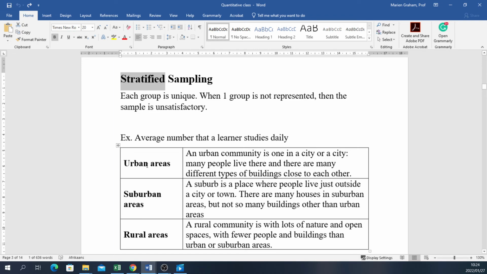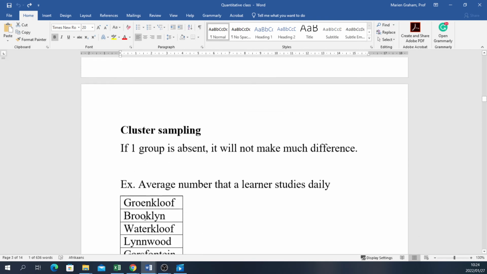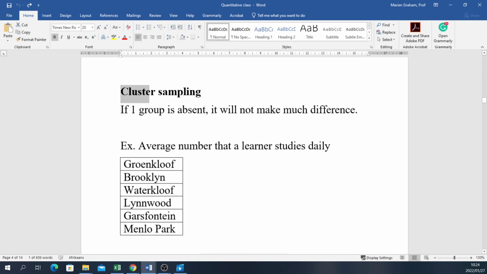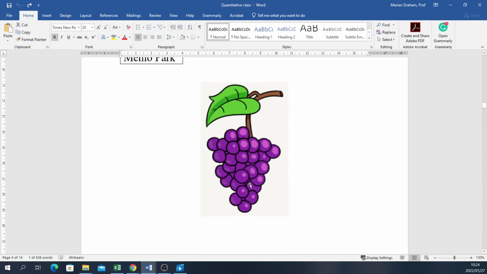You need every single group in your study, or your study is not viable anymore. And you have cluster sampling, where the groups are called clusters. But if one of these clusters withdraws, it's fine. Just think of grapes. The bunch of grapes will hold, will survive if one or two grapes are not there anymore.